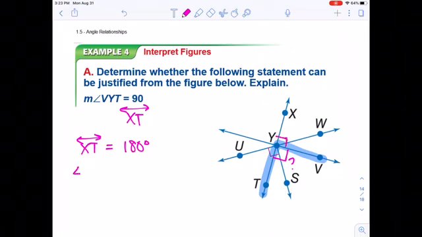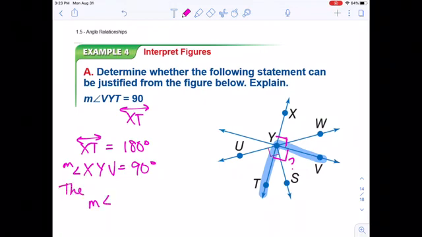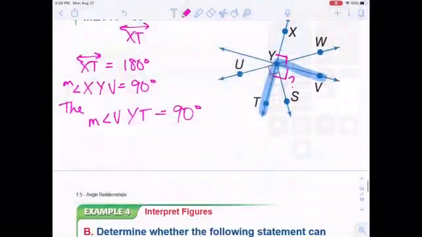And we know that angle XYV equals 90 degrees. So by doing some math, we know that that leftover angle that we want to know about, that means the measure of angle VYT equals 90.